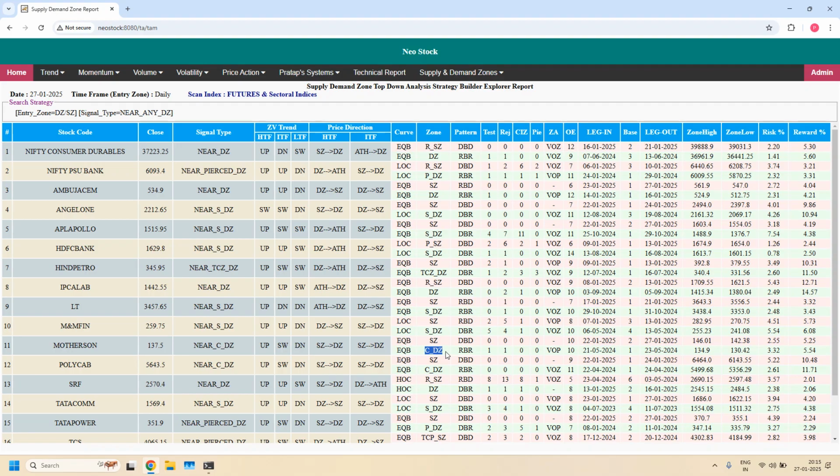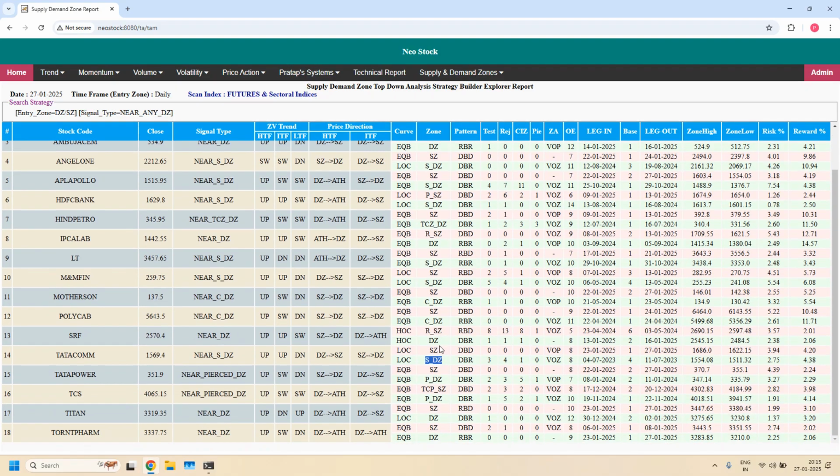Motherson is having a high liquidity demand zone. Polycab is having a high liquidity demand zone. Tata Communication is having a high liquidity demand zone. That's it. We have 8 high liquidity demand zones from this list. It's a big list.